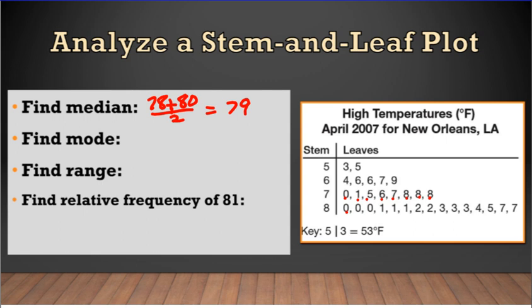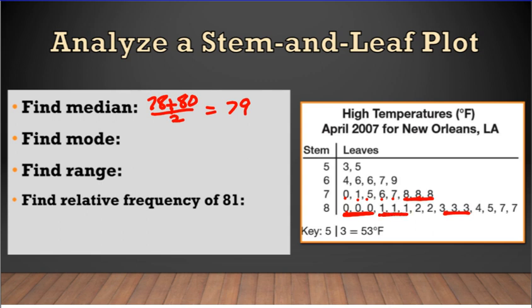The mode is which number appears the most. With a stem and leaf plot, you can look at your leaves and find out in all the rows which digit is used the most. Well, I know I have 3 zeros here, I have 3 8s here, I got 3 3s here. I don't see any other digit that's listed more than 3 times.